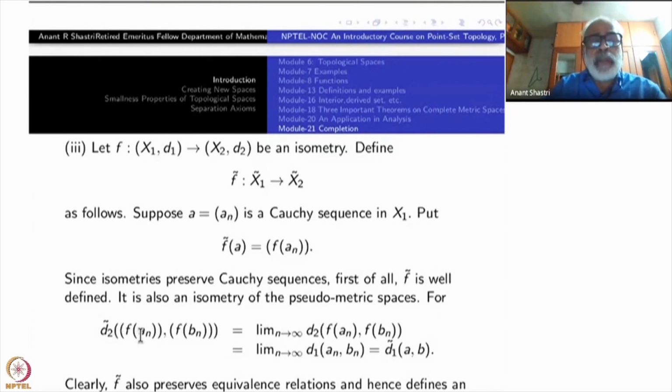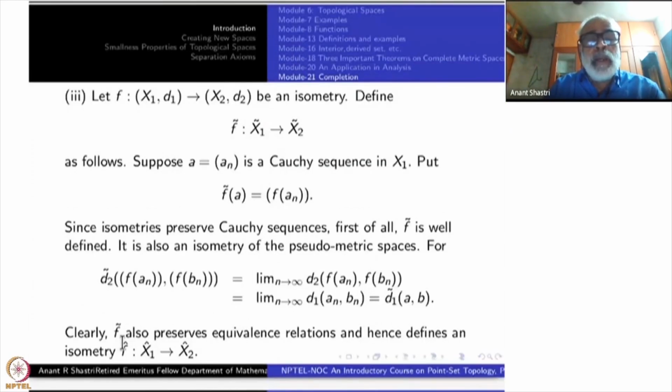D2 twiddle of (F of An), (F of Bn), by definition, is the limit as n tends to infinity of D2 of F of An, F of Bn. Each D2 of F of An, F of Bn is the same thing as D1 of An, Bn, right? Because F itself is an isometry. This limit is D1 twiddle of (An), (Bn), the given sequences. So that is the meaning of that: F is distance preserving from D1 twiddle to D2 twiddle.